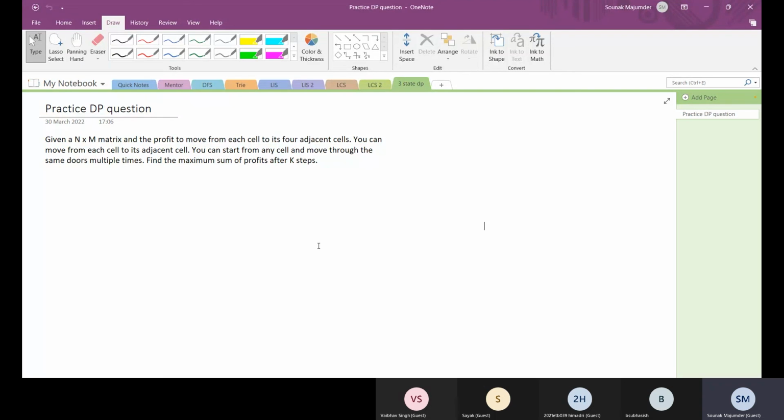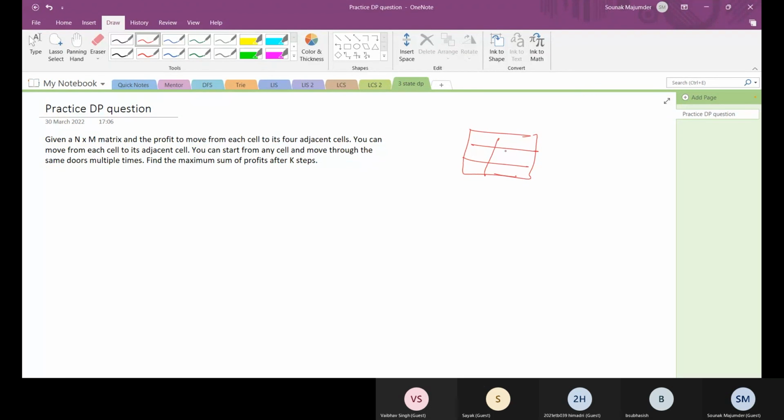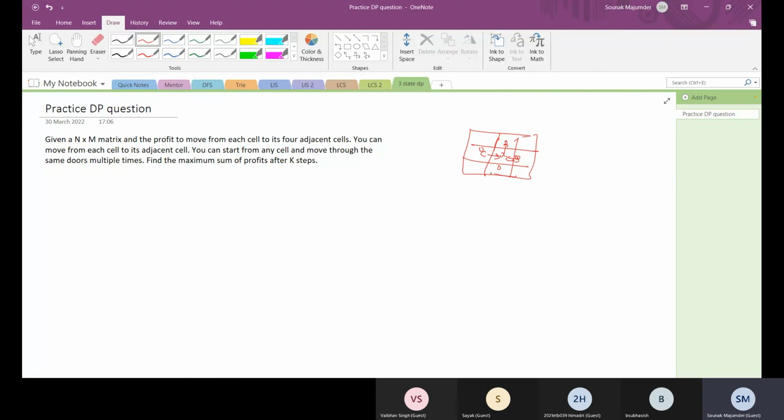Given an n cross m matrix, so an n cross m matrix is there, right? And all the adjacent movements, so adjacent cells are this one, this one, this one, and this one. All these movements, profits are given. So when you move from one cell to its adjacent cell, you get some money.